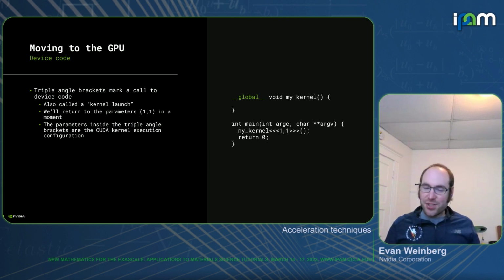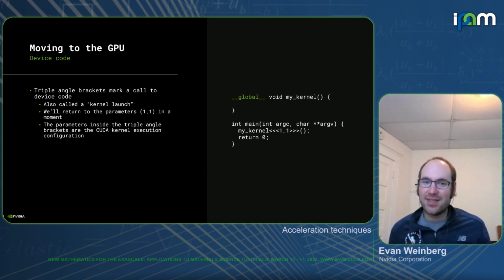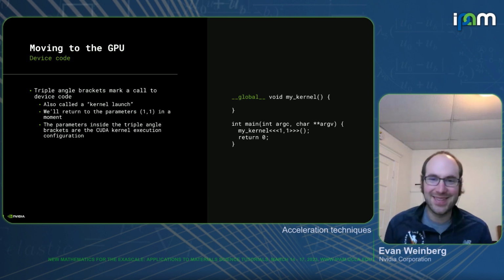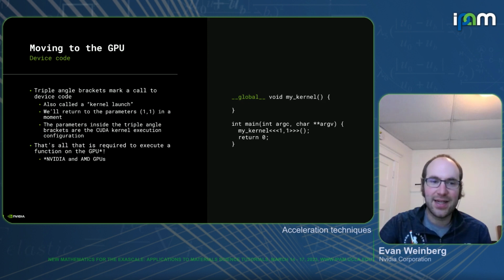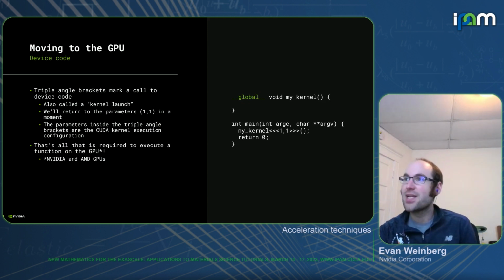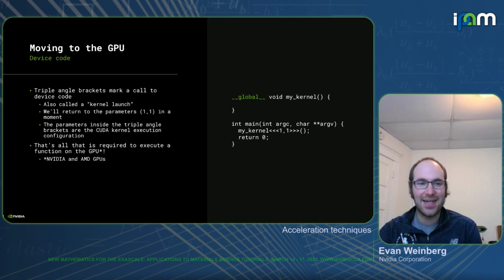And when you want to launch a function, you have this special triple angle bracket. It's sometimes called triple chevron. I think chevron means angle bracket, but I don't know. It's a bunch of less than and greater than signs. And that tells your compiler, run this on the GPU, and you're good. Now, one thing I will say is, again, that's specific notation for Nvidia and AMD GPUs, if you're using CUDA or HIP.